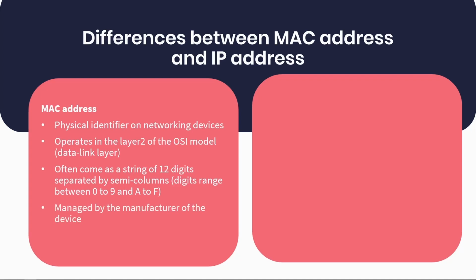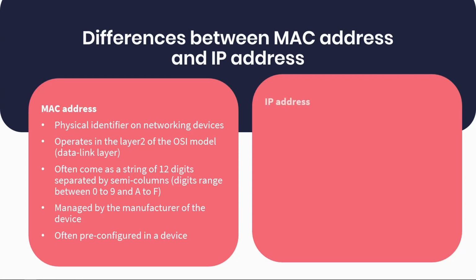The manufacturer burns in the address in the device hardware component to identify the device on a network. And finally, it is often pre-configured in a device if the device has a network card interface installed. Examples of such devices include routers, switches, network repeaters, Wi-Fi extenders, and network printers.